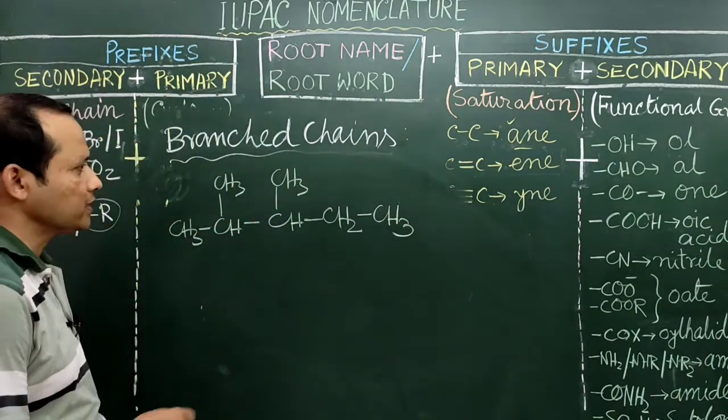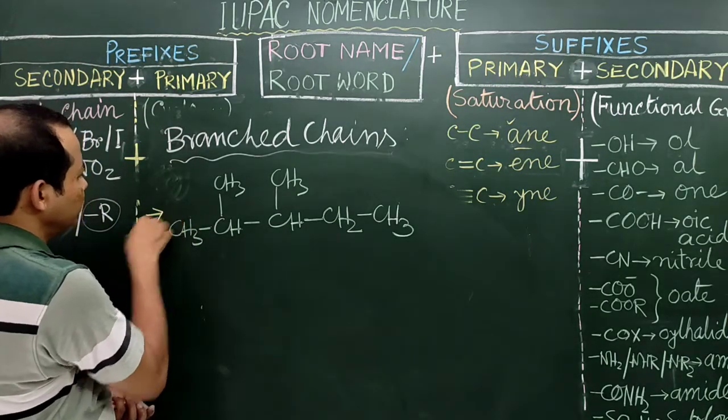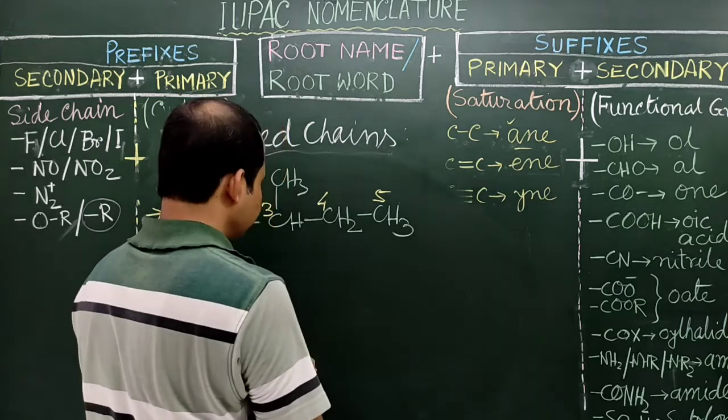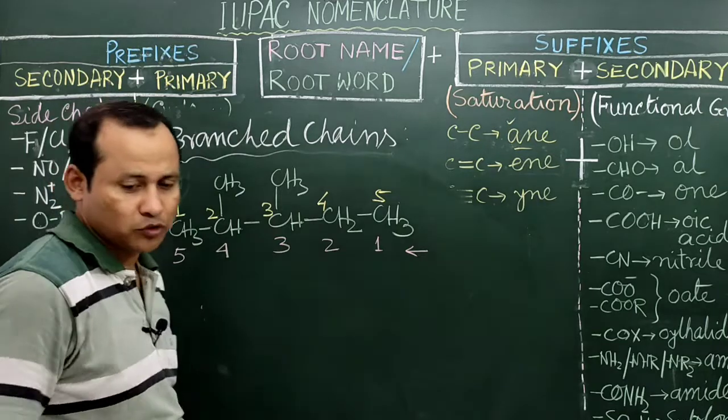Now look, this is the compound, and we are trying to give the numbering from left and from right. Now let's see the position of the groups.